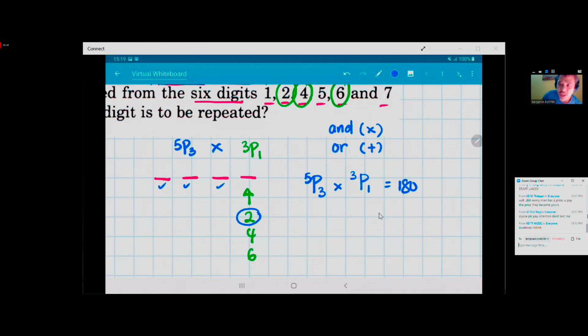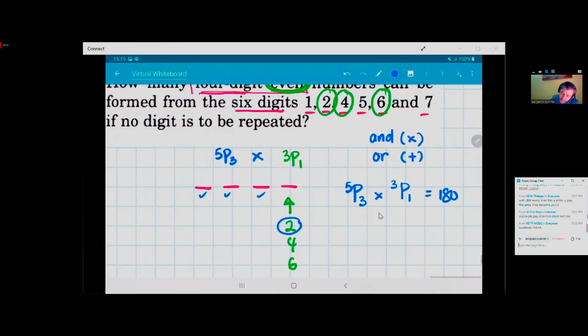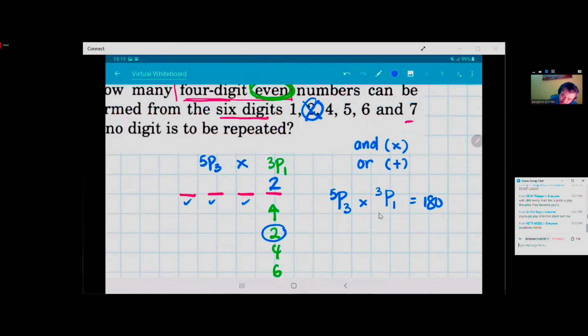Paul asked me, why is it 5P3? Okay, repeat. Okay, like this. Imagine this. Remember there were 6 numbers kan? Okay, 6 numbers. So you understand tak, nombor di belakang ada pilihan sama ada 2 atau 4 atau 6. Let's say lah, I take the number 2 dan letak belakang. Correct or not? So how many more numbers do you have left? So bilangan baki nombor yang tinggal ialah 1 number, 2 number, 3 number, 4 number, 5 numbers. 5 more numbers.